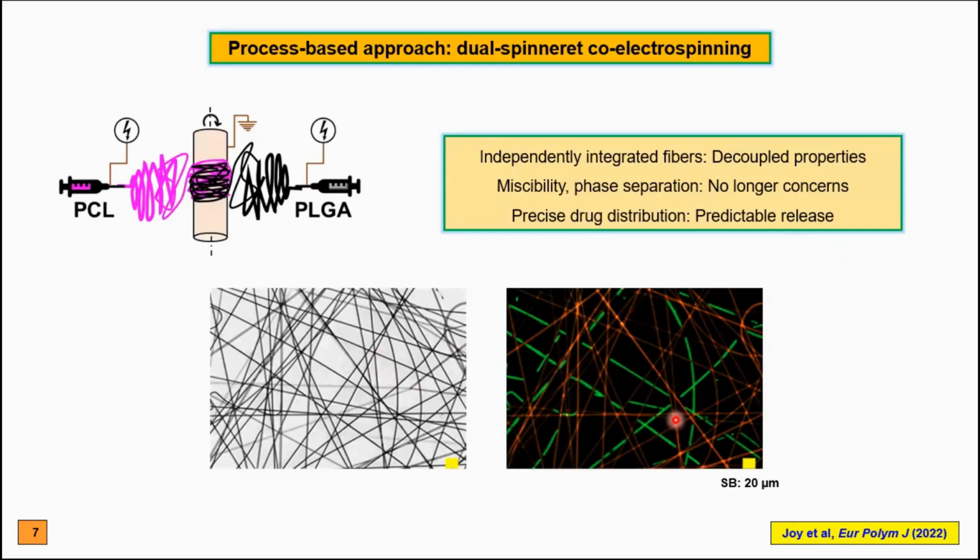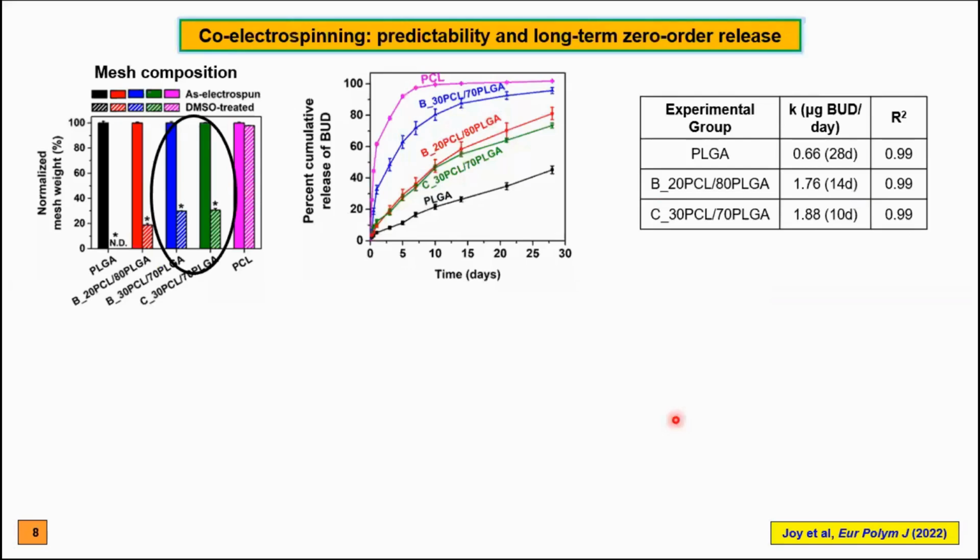But the real question is, does this actually give you the predictable release kinetics that you think it will give you? So I'll walk through this slide. If you remember, I showed you that the 30% blend shows burst release.